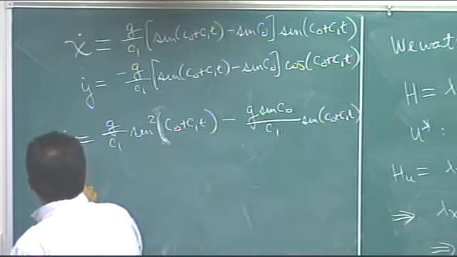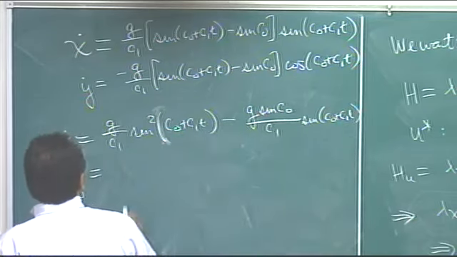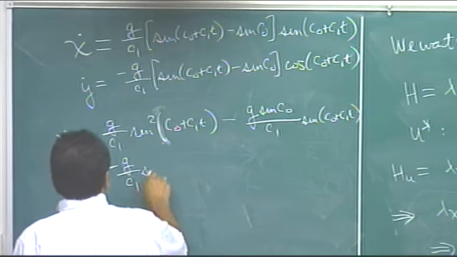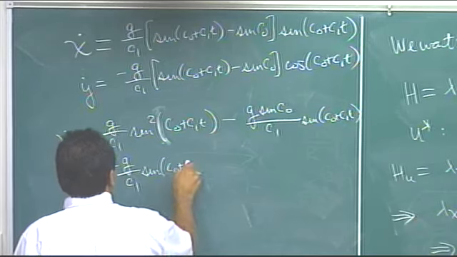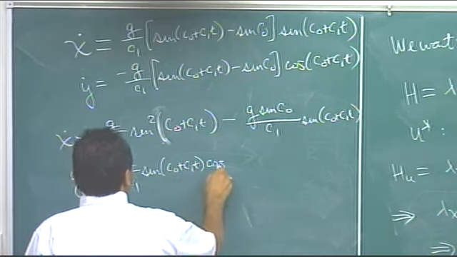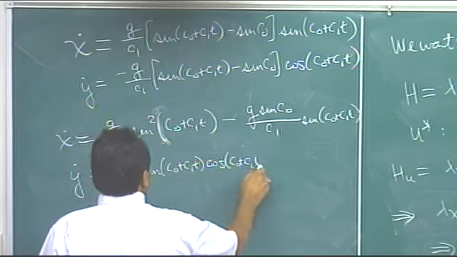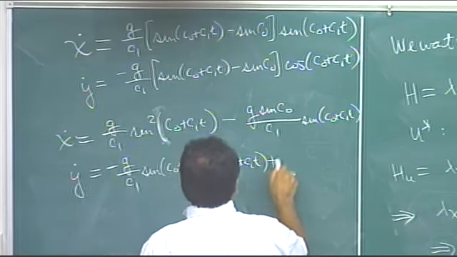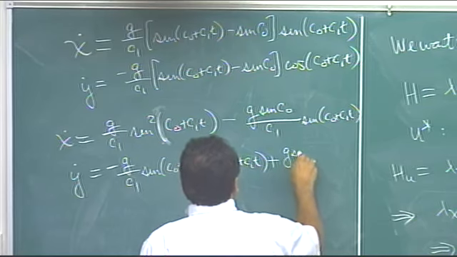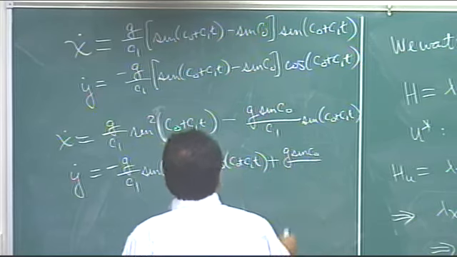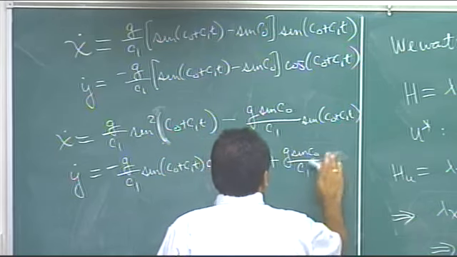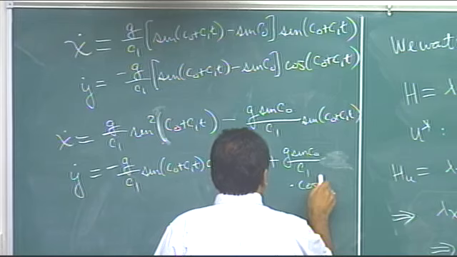And then y dot is equal to minus g over c1 times the sine of c0 plus c1t times the cosine of c0 plus c1t, plus g sine c0 over c1 times the cosine of c0 plus c1t.